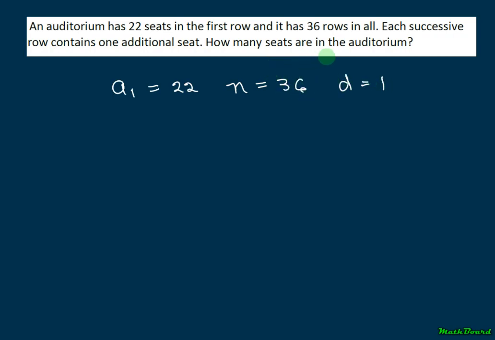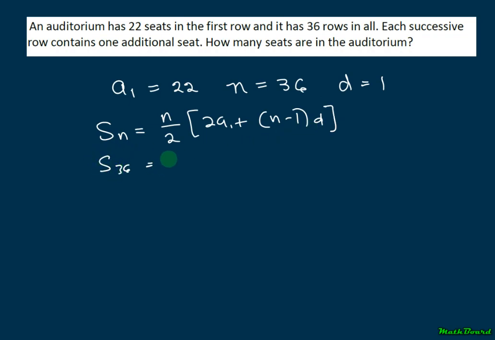We are looking for the total number of seats in the auditorium. So we can use the formula S sub n kasi arithmetic siya, and we do not know the last term. So n over 2 times 2a sub 1 plus n minus 1 times d. That's S sub 36, that's 36 over 2, then 2 times 22 plus 36 minus 1 times 1, the common difference.